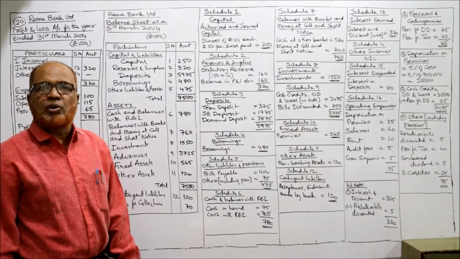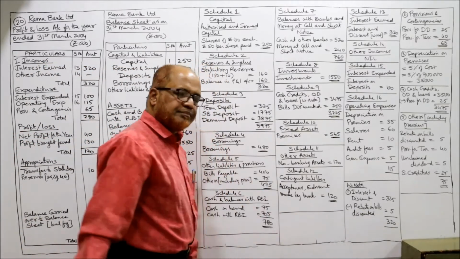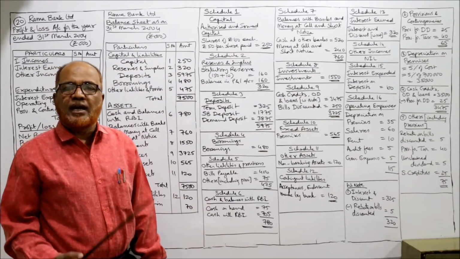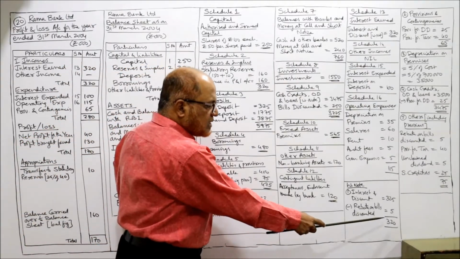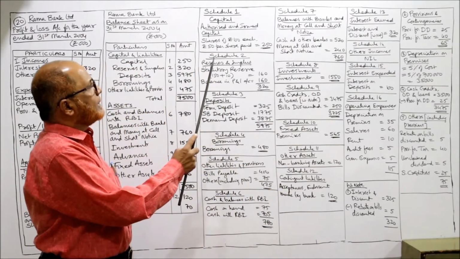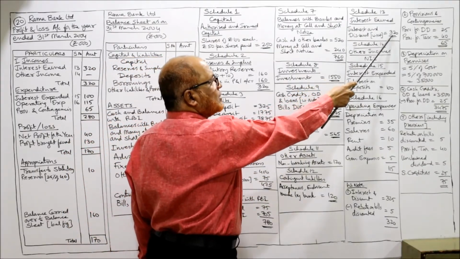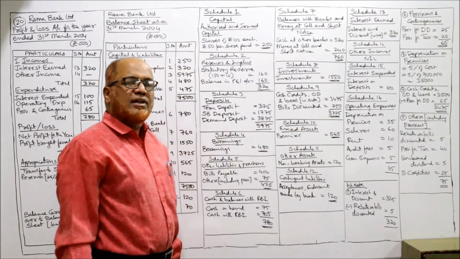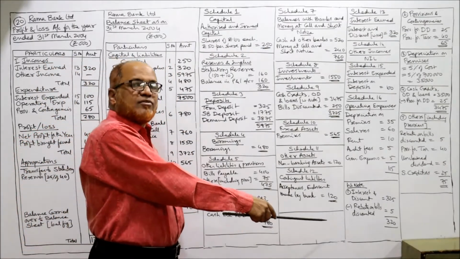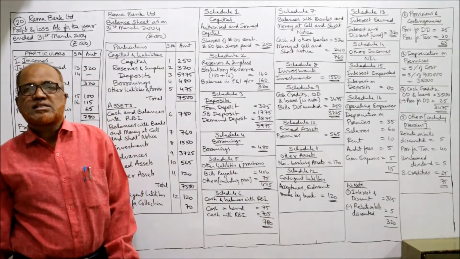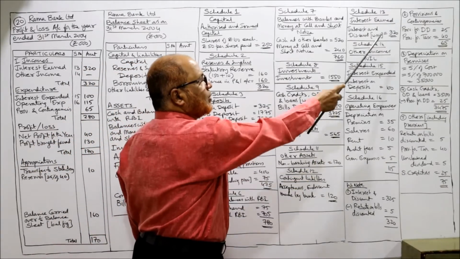From this, we subtracted rebate on bills discounted 5. So in the working note, we will subtract rebate on bills discounted from interest and discount. Now 320 we will take in schedule number 13. Now you can see schedule number 13 here: interest and discount 320. In the problem 325 is given, but we have taken 320. How have we taken 320? In the adjustment we have shown that out of interest and discount we have deducted rebate on bills discounted, giving 320.